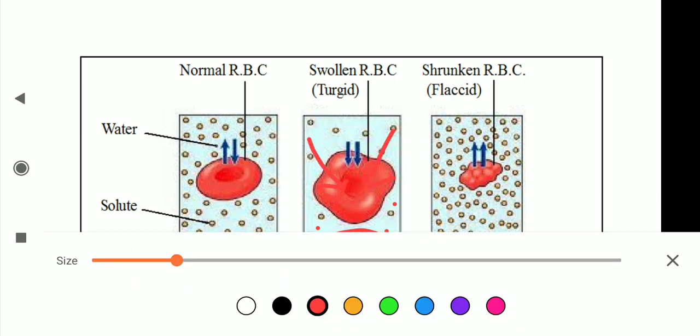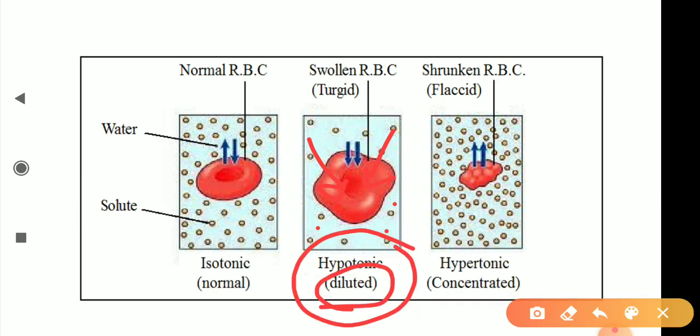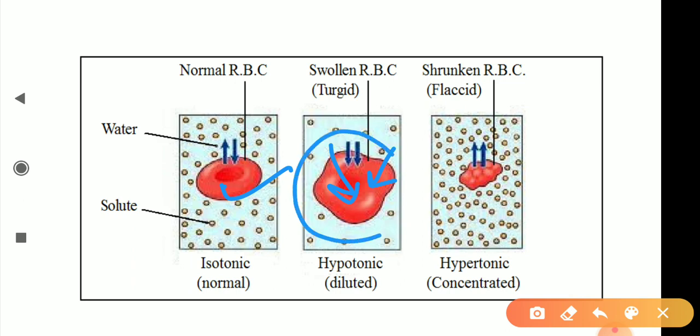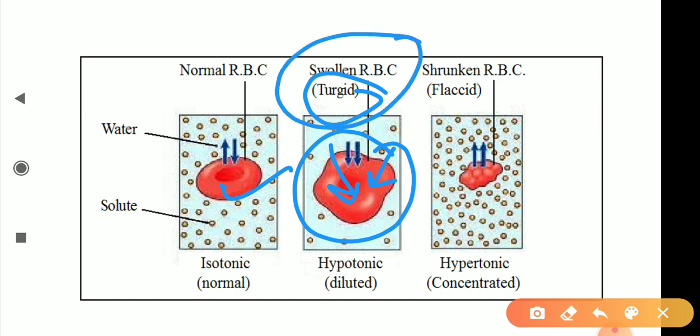And when water starts moving inside the cell, what is going to happen? It starts to swell up. इसके केस में ये swell up हो जाएगी जो cell है, इसका size increase हो जाएगा hypotonic के केस में. As you can see, compare this one, the normal cell, and this size gain has happened when it is kept in the hypotonic solution. So it becomes turgid, what we can say swollen. Swollen RBC की condition है ये hypotonic में.